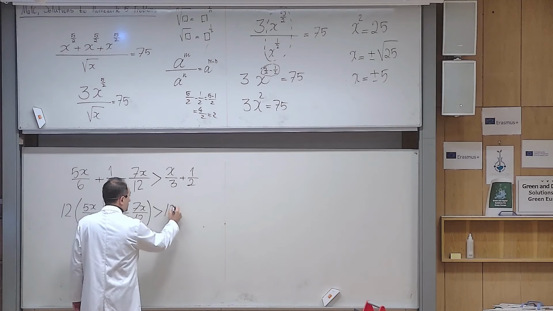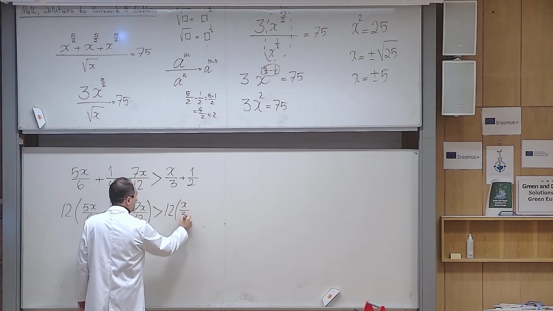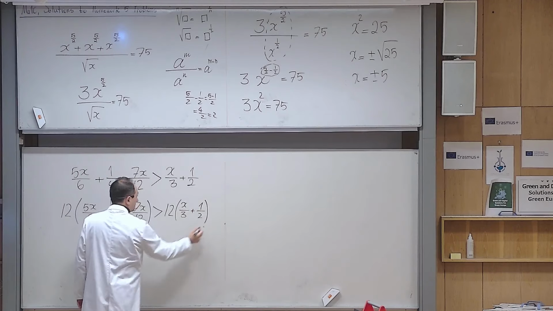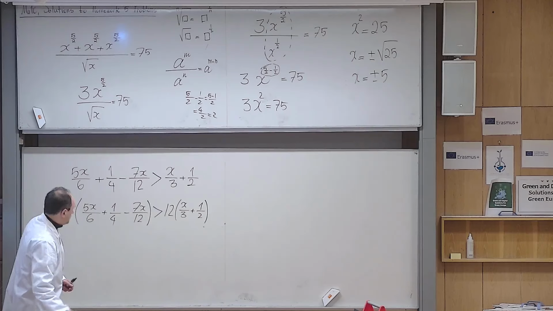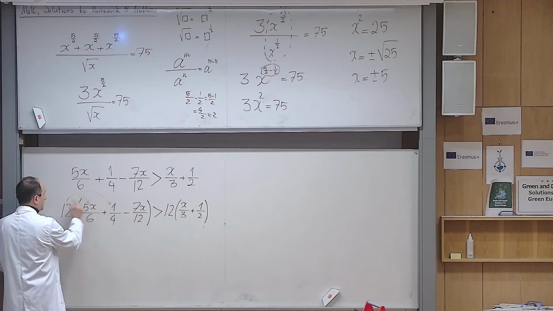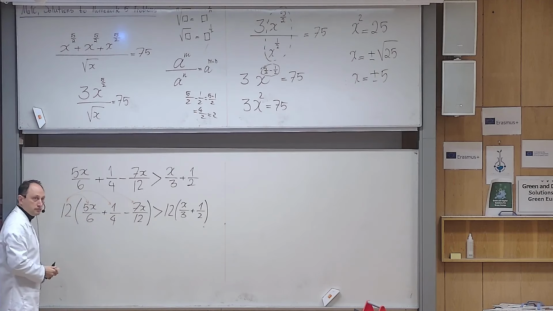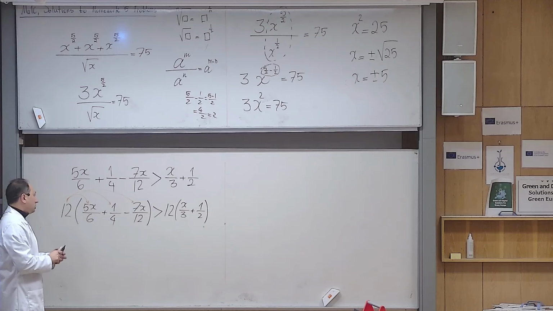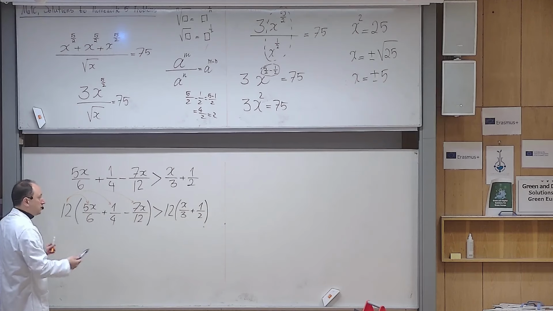So this becomes 12 multiplied by x over 3 plus 1/2. Now you know what you're supposed to do. This 12 should be multiplied here, here, and there. Let me be patient and write it, because I saw many of you made the mistake.